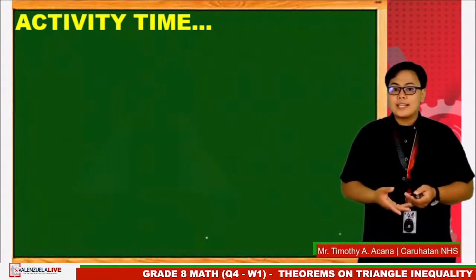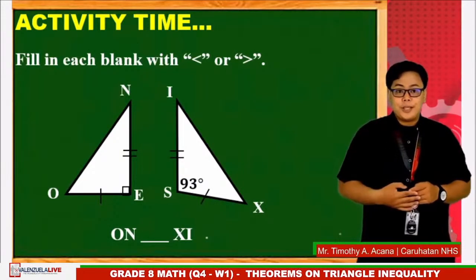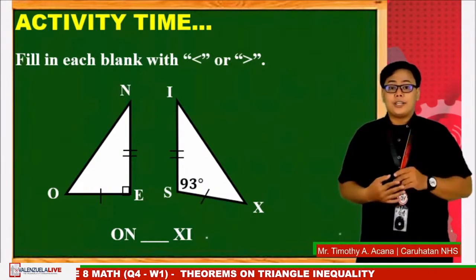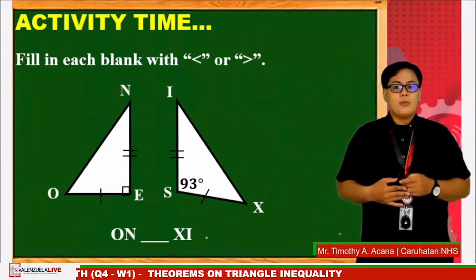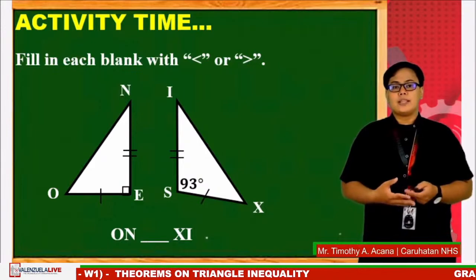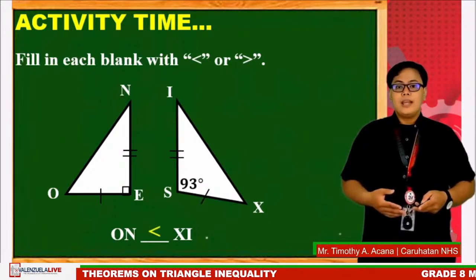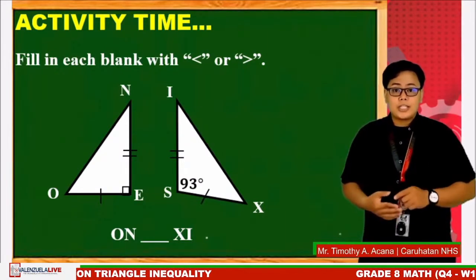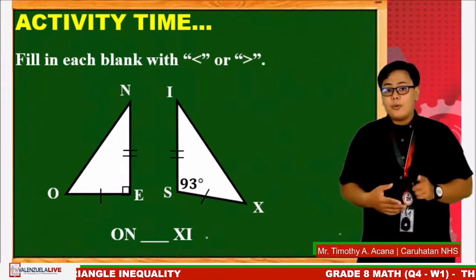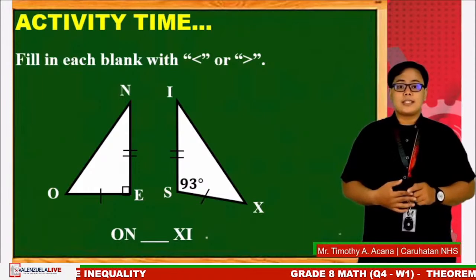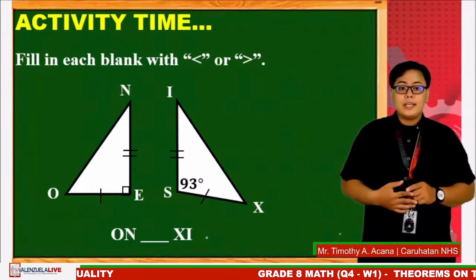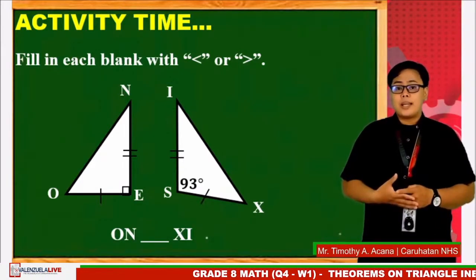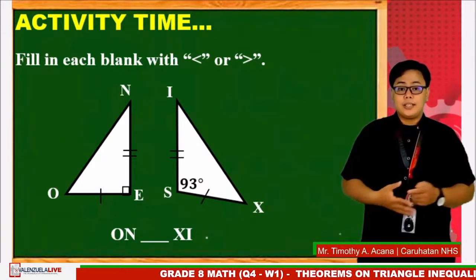For our next activity, you are going to fill in the blank with is less than or is greater than symbols. We have here triangle 1 and triangle 6. Based on the given, if you will notice, the two sides of triangle 1 are congruent to the two sides of triangle 6. And the measure of angle E is 90 degrees, which is less than the measure of angle S, which is 93 degrees.